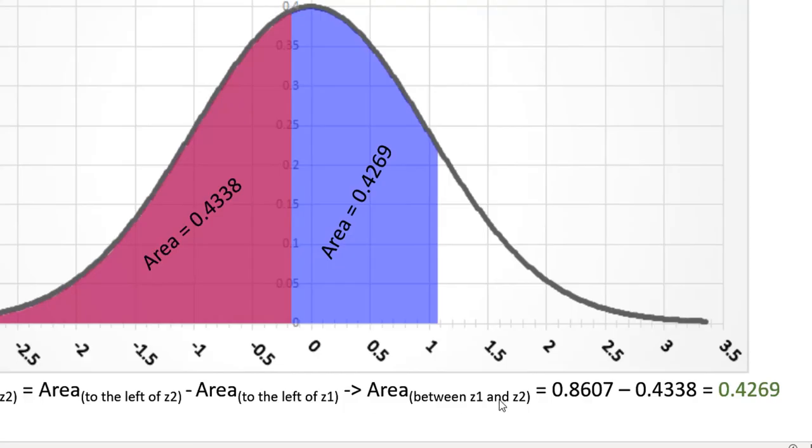So in this case, it's going to be 0.8607 minus 0.4338, and that gives me an area of 0.4269, which I already put in here. In other words, if I added this area up plus this area up, I would get back to that 0.8607.